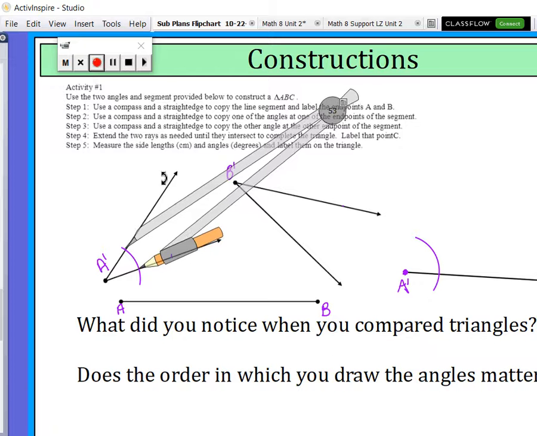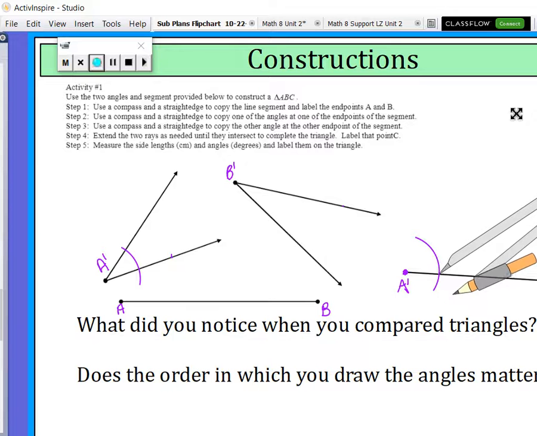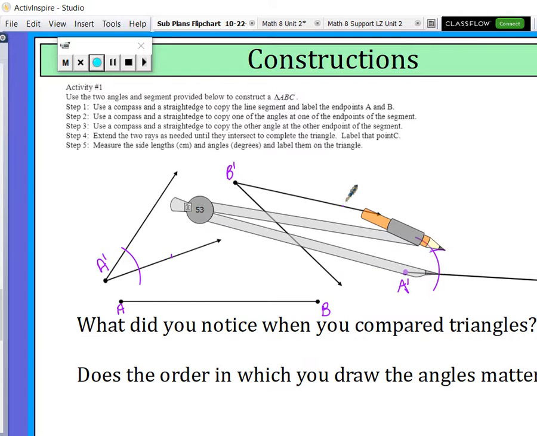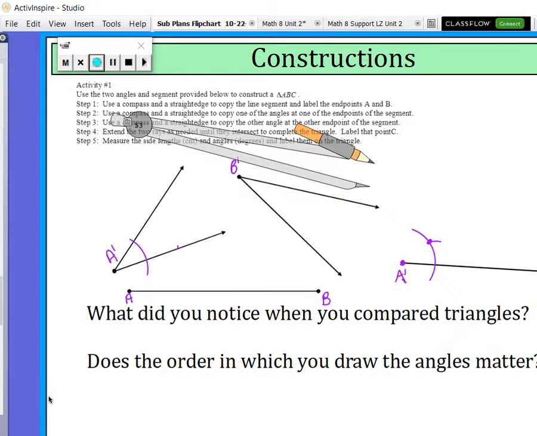So if I line that up, that's my distance between the two, and I'm going to bring that over to my other segment that I copied and put that arc on the angle, and that now is my angle that I've copied. So again, you're going to use your straight edge to at least connect A prime through that point. You're going to probably need it to be a little longer, so we're just going to extend it up.